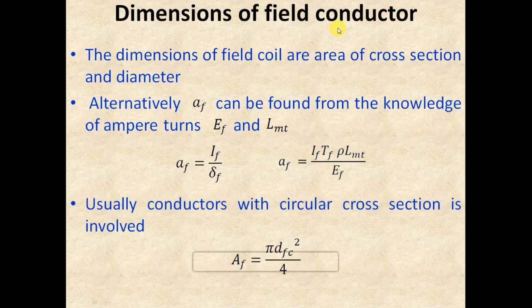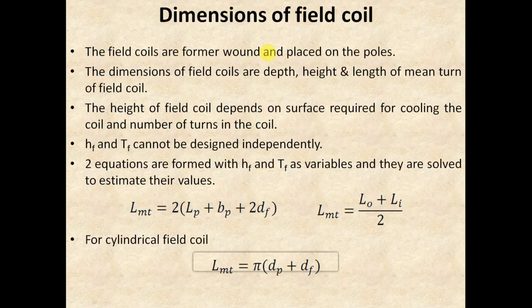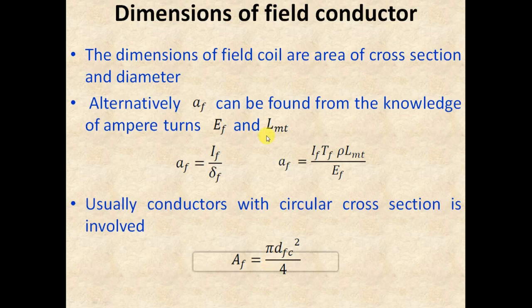The fourth design feature is the dimensions of field conductor. The second design feature was the dimensions of field coil. There we had identified the values of length of mean turn, height of field coil and depth of field coil. But here we are mainly going to determine the diameter of the field conductor. That is, the dimensions of the field conductor are mainly area of cross section and its diameter.